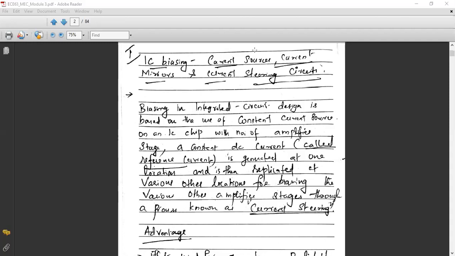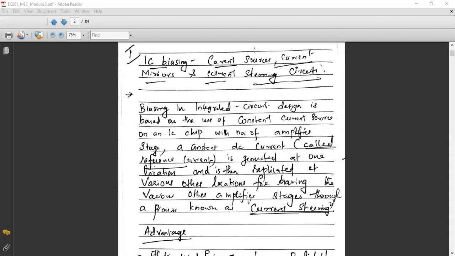So I hope Neha got the concept of these three: current source, current mirror, and current steering circuits. A current source produces a definite amount of current based upon the given input. Current mirror means we intend to produce an output current which is exactly the same as the input source current.